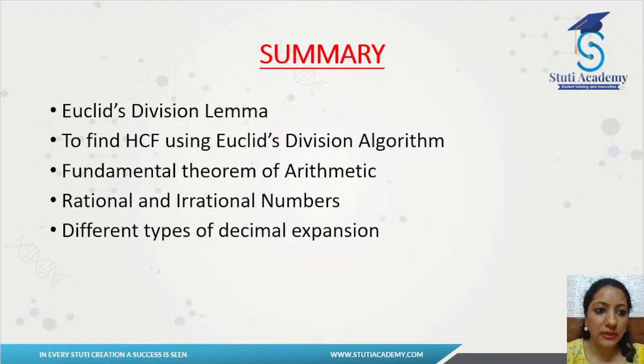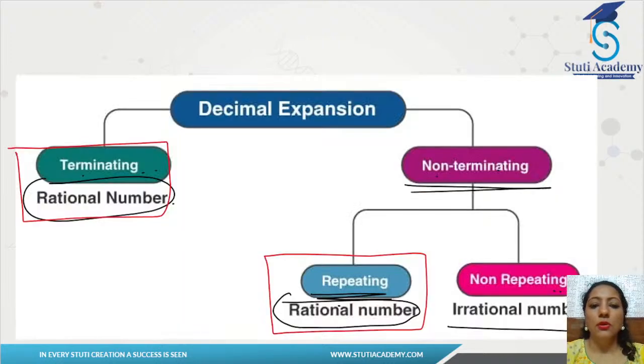I'll show you this again. If we have a terminating decimal expansion, then it's a rational number. If we have non-terminating repeating decimal expansion, then it's a rational number again. And for non-terminating, non-repeating decimal expansion, it's an irrational number.